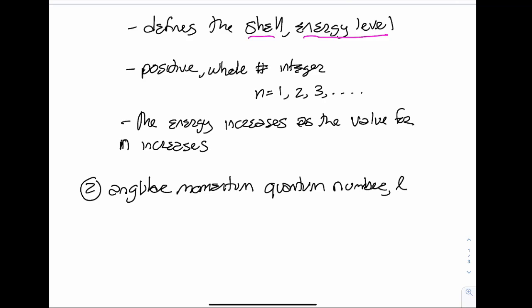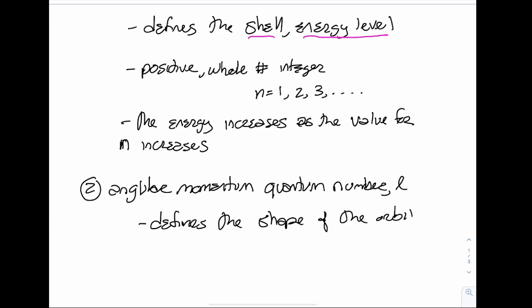And what this defines is the shape of that orbital. Orbitals are not necessarily round. There's only one value for l in which it is spherical.